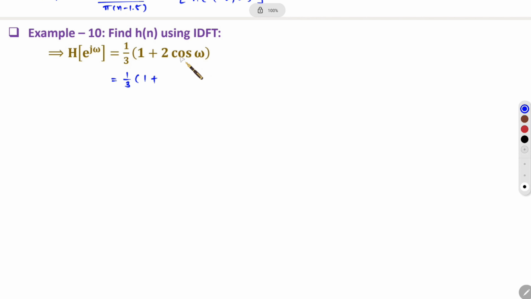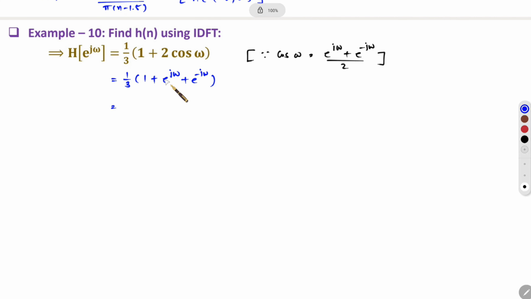One should know that cos omega is e to the power j omega plus e to the power minus j omega, divided by 2. So 2 cos omega is e to the power j omega plus e to the power minus j omega. Now let me rearrange this.